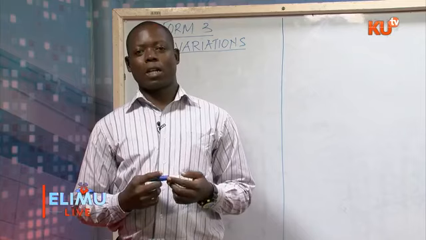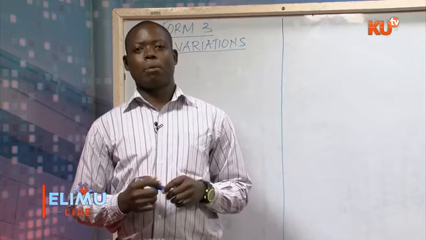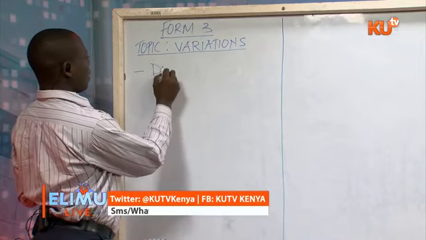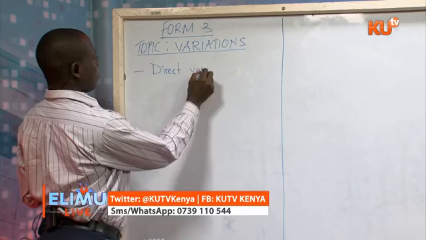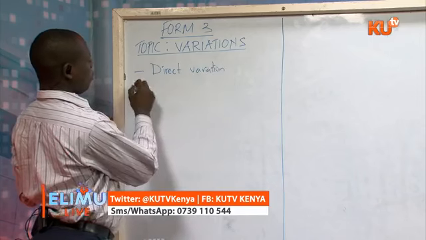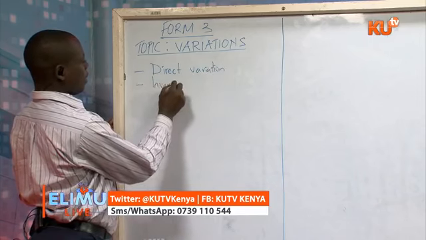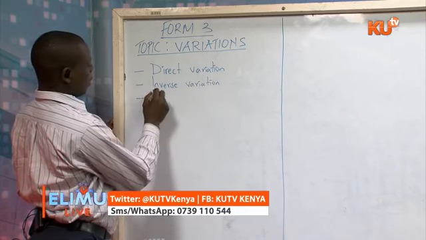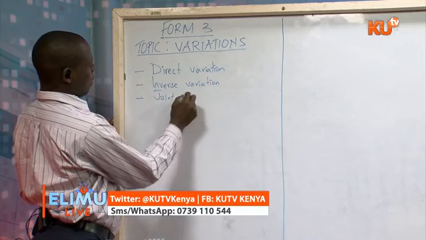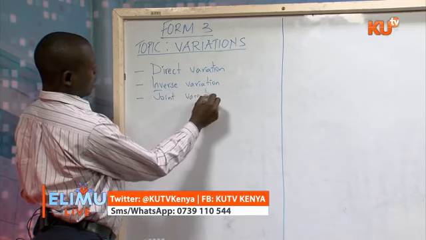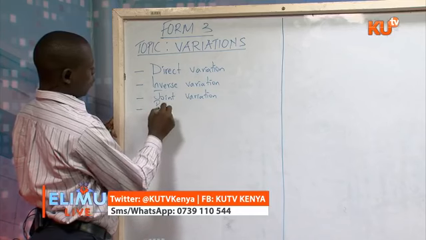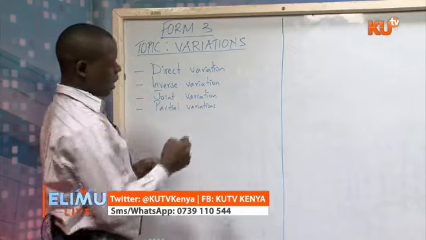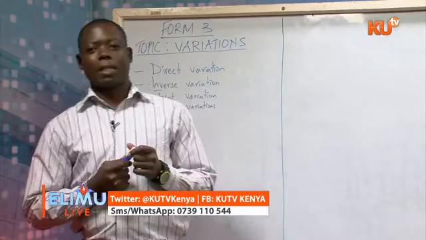We cover four types of variations: number 1, direct variation; number 2, inverse variation; number 3, joint variation; and the fourth one, partial variation. These are the 4 types of variations that are covered in Form 3 mathematics.